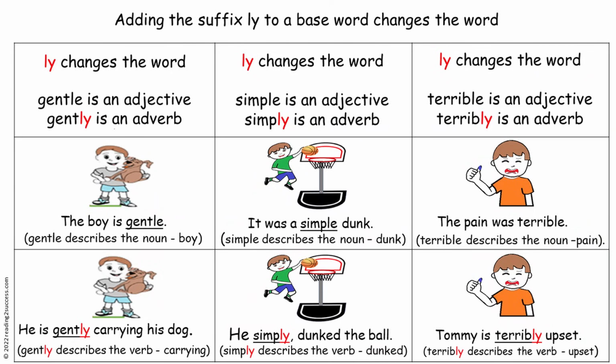In our second set of sentences, simple is an adjective that describes the noun dunk, and simply is the adverb that describes the verb dunked. And in our third set of sentences, terrible is an adjective that describes the noun pain, and terribly is the adverb that describes the verb upset.